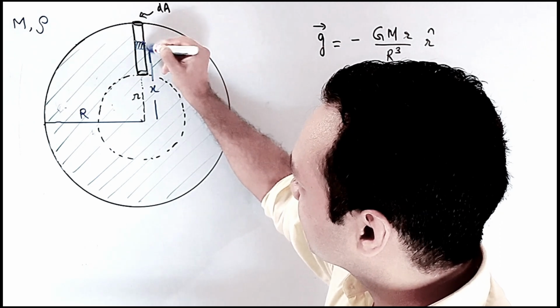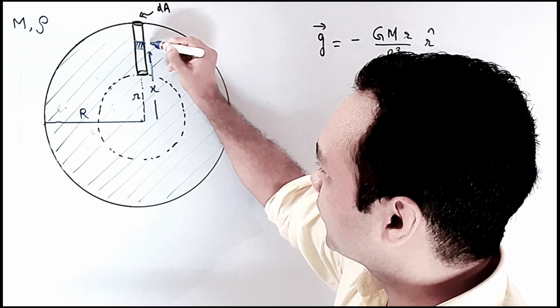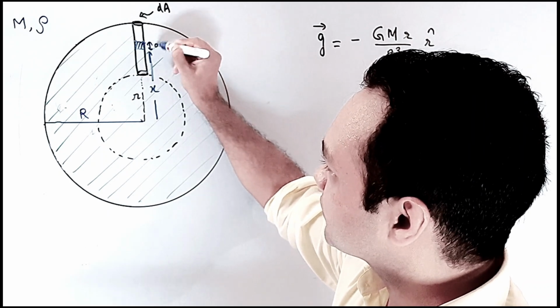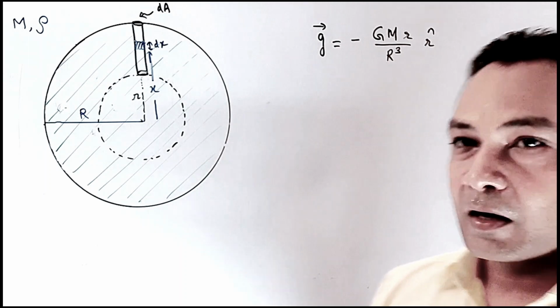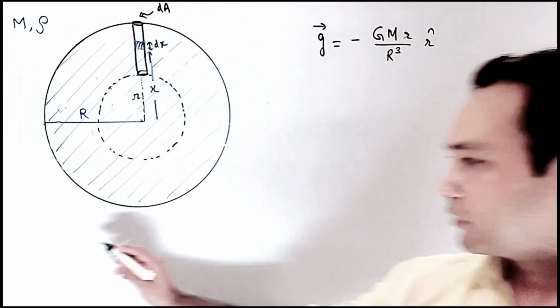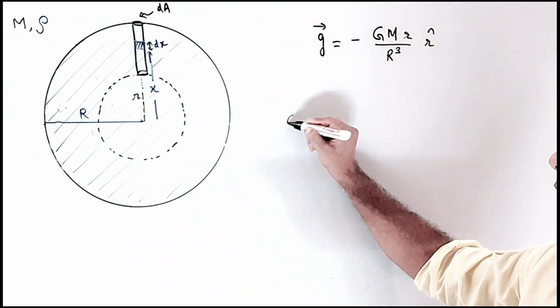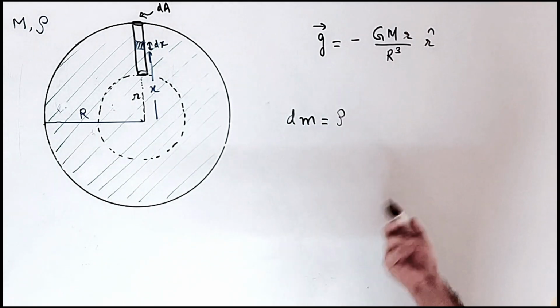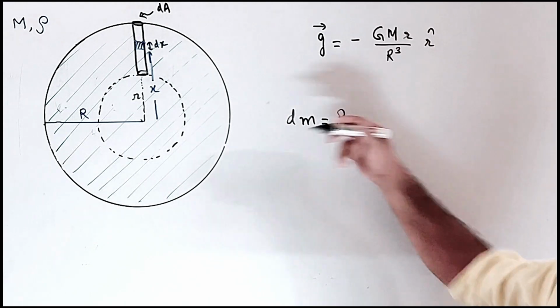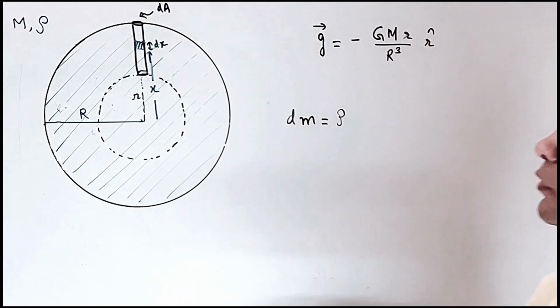The mass of this part, dm, would be density into volume. Volume is equal to dA into dx.